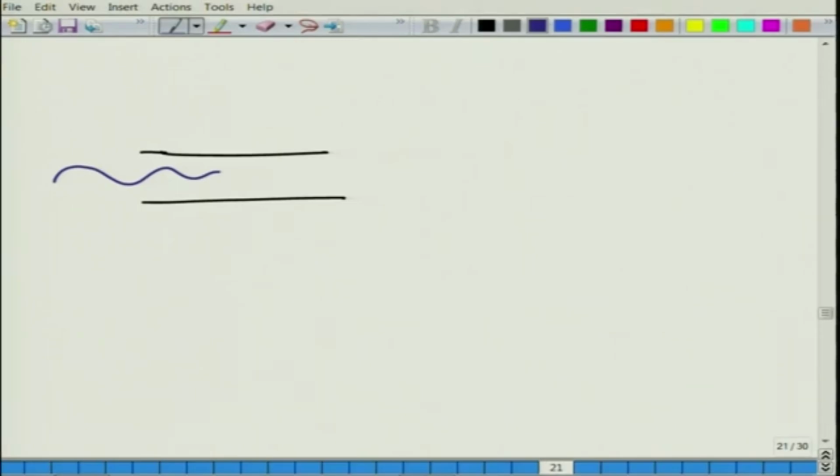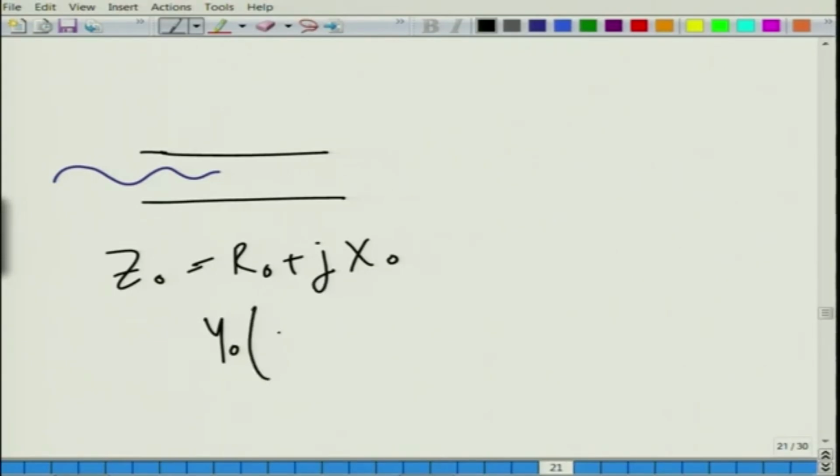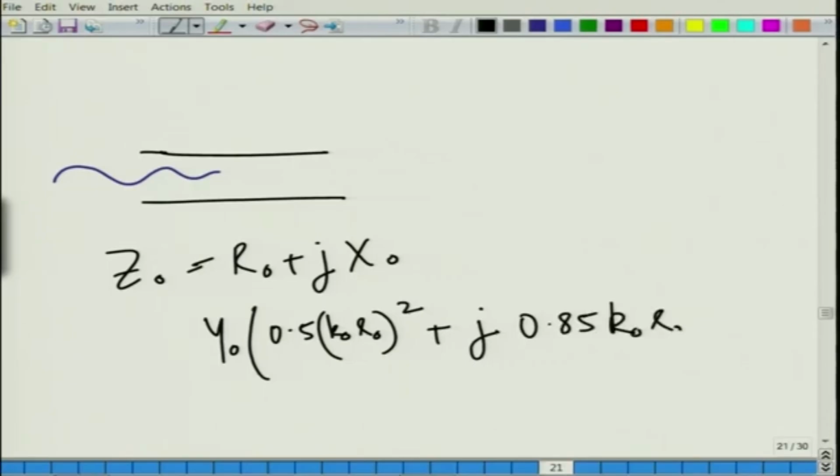We have those expressions for the radiation impedance, and that was basically given by Z naught is equal to R naught plus J X naught, where R naught and X naught are the resistance and the reactance respectively, and only for low frequencies this is about K naught square and 0.5 K naught R naught square plus J times 0.85 K naught R naught.